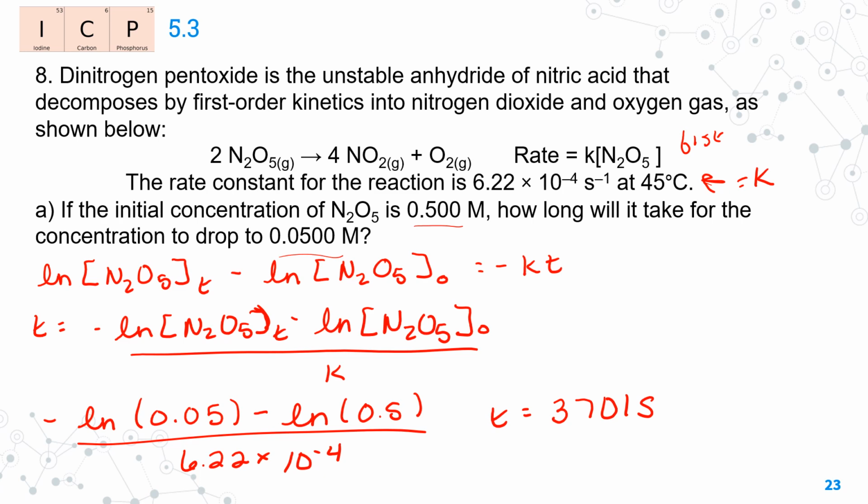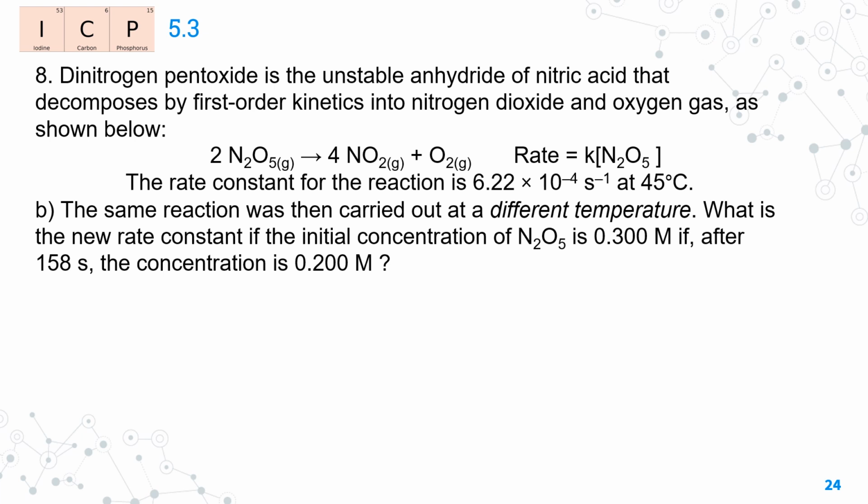If I look at B, it says to take the same reaction, but it was carried out at a different temperature. What is the new rate constant? The initial concentration is this, after this many seconds, the other concentration is 0.2 molar.